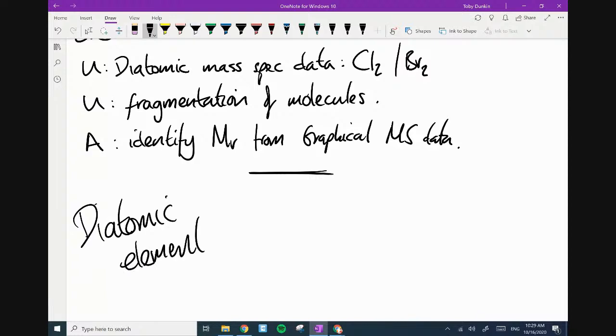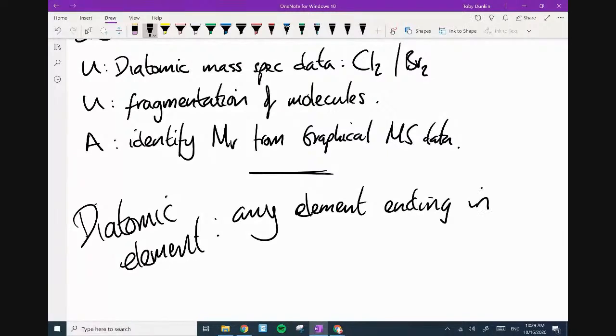It is any element ending in "-ine" or "-gen". So for example, let's list them. There are 7 diatomics.